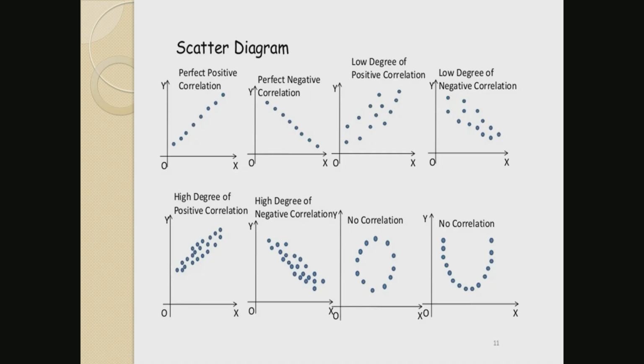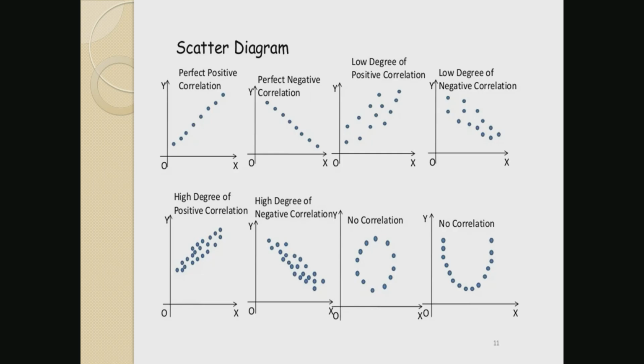On the other hand, if the points form a straight line having a falling trend from the upper left-hand corner to the lower right-hand corner, it reveals that there is a perfect negative correlation.